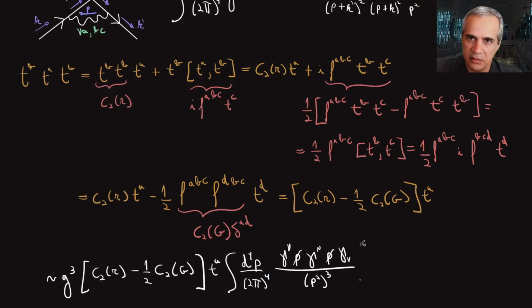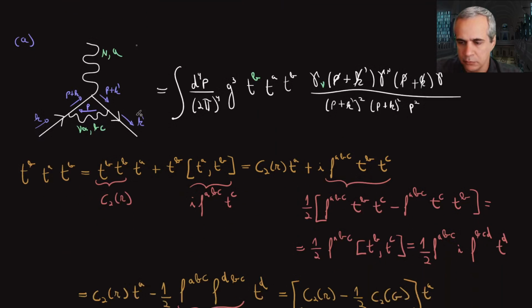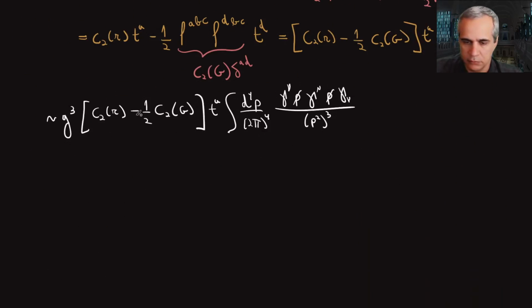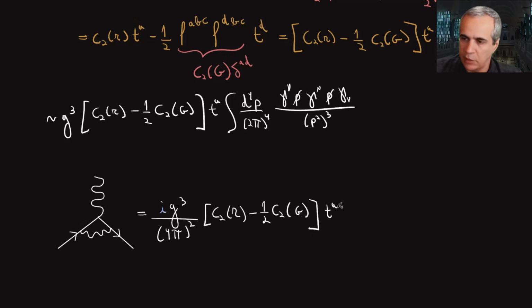And this is, let me copy the diagram up here. This will be just i g cubed over 4 pi squared, C2R minus half C2G, T^A gamma^μ.